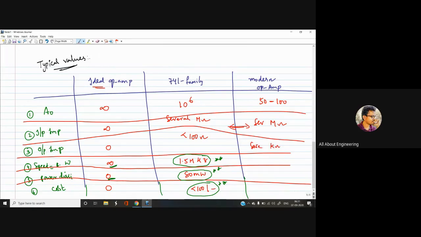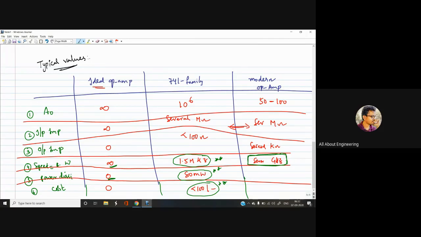This is slightly a problem, but we can manage with this. And the bandwidth is of several gigahertz. It is incremented to a huge value of several gigahertz, which is of primary importance to us, because bandwidth, or the speed, is very important for us.